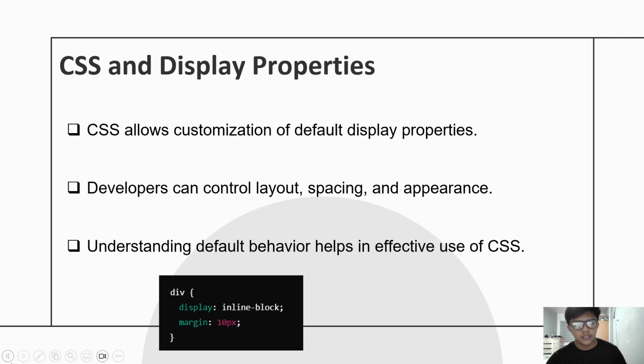So that CSS rule changes the default block behavior of the div element to inline-block, meaning the div will behave like an inline element but still maintain block-like dimensions, width or height.